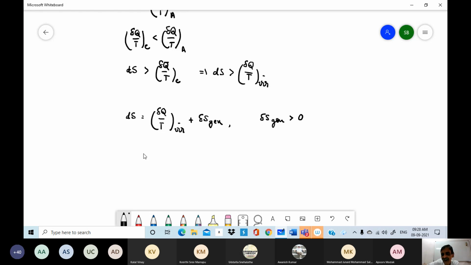So unlike the first law, where we had the kinetic energy and the potential energy also contributing apart from the internal energy, in the second law we do not have any such thing. The entropy is entirely because of the thermodynamic state of the system.